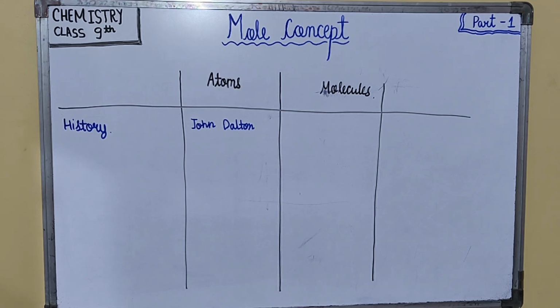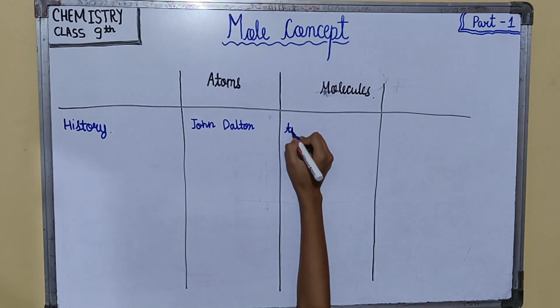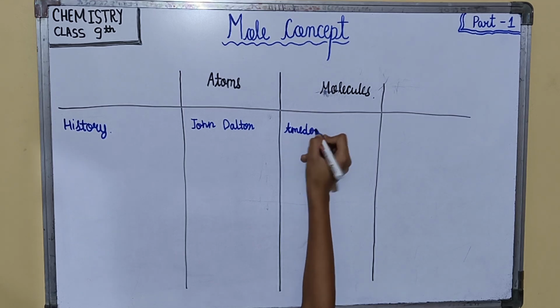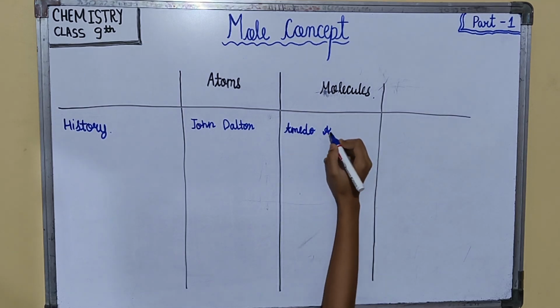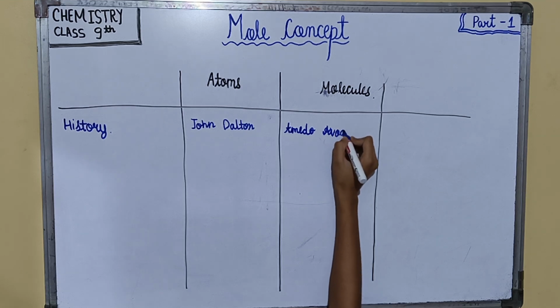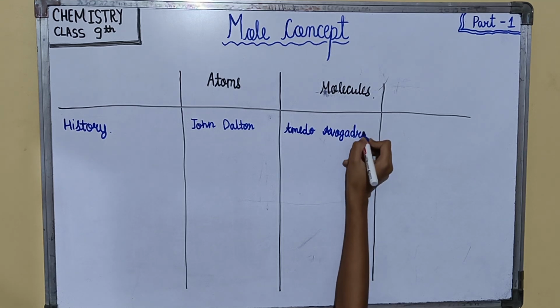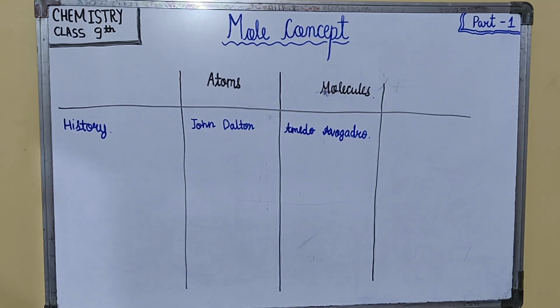And molecule. It was the Italian chemist Amedeo Avogadro. He was from 1776 to 1856 and he introduced the word molecule.